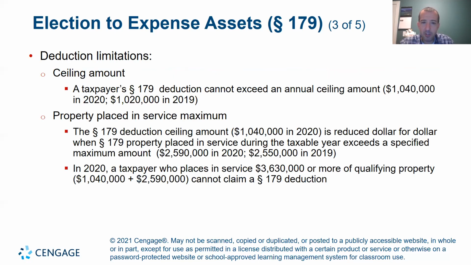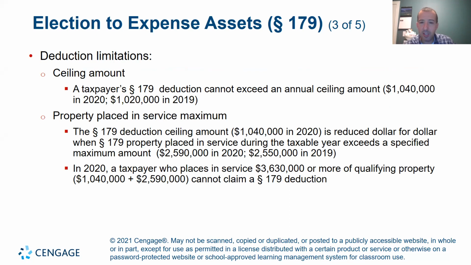But there are some limitations. The ceiling is $1,040,000 in 2020. And you can only offset income. You can't generate a loss from the deduction.